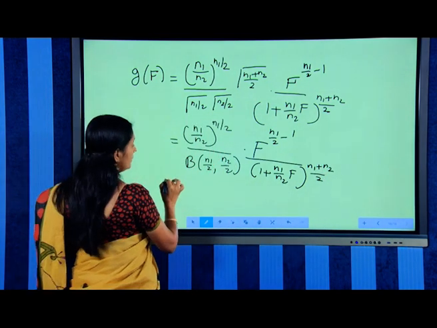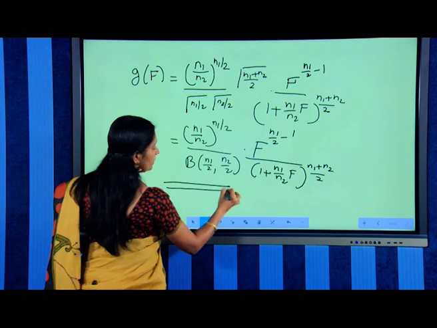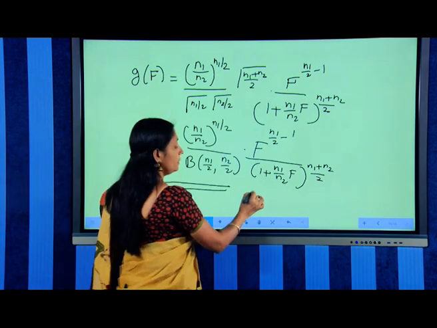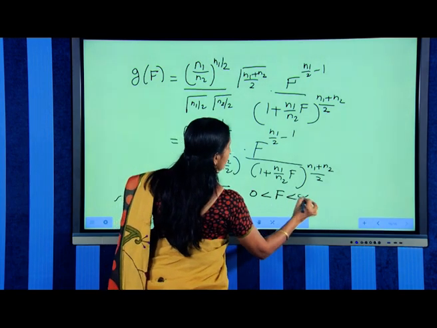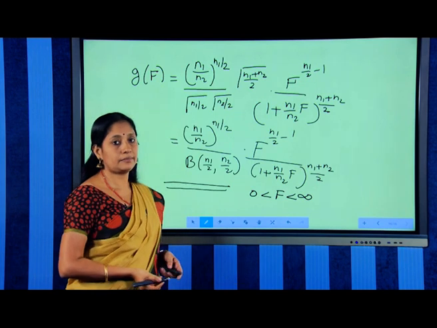And this is the density function of the f distribution, and we know that here we have 0 less than f less than infinity.